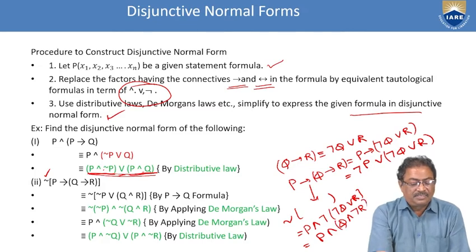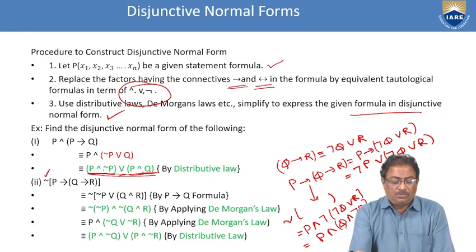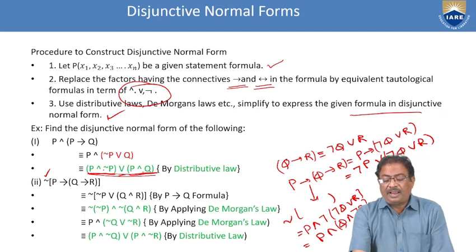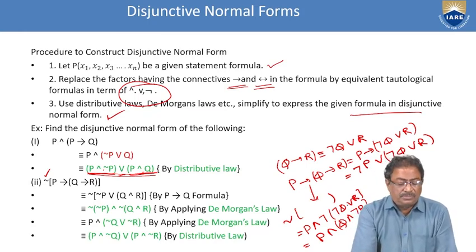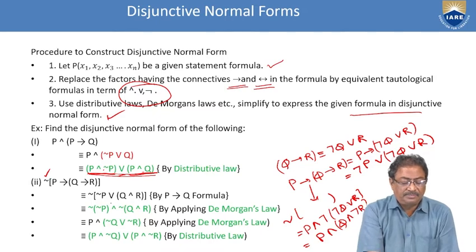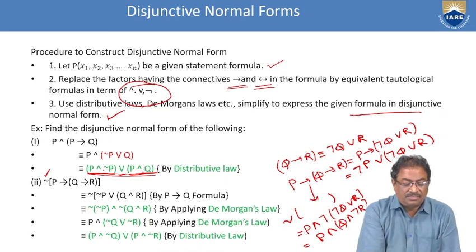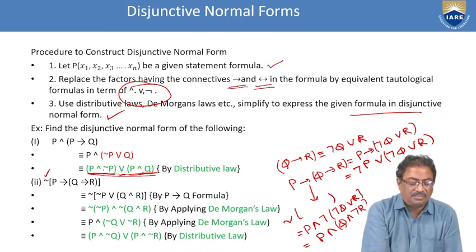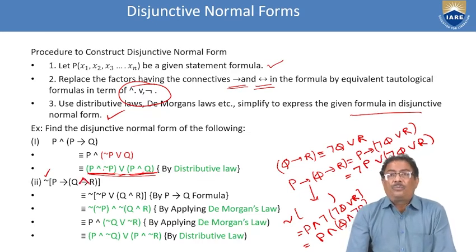See, this is Q, and by using this formula, we are going to get P and Q and R. Sorry, this is Q and R. Only one conditional will be there.